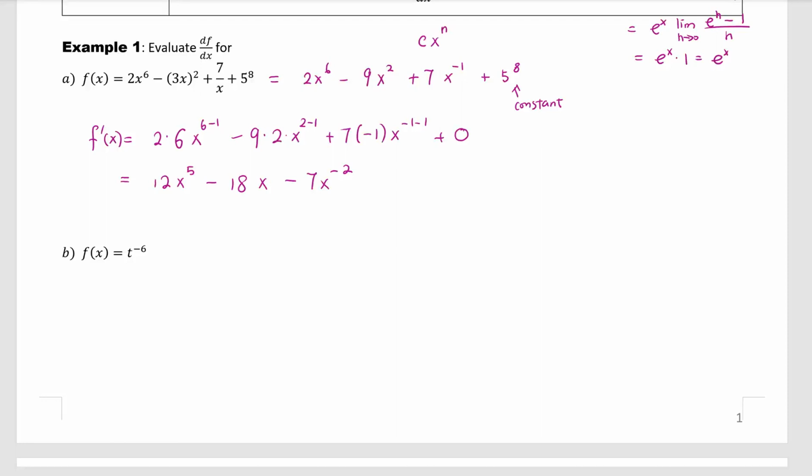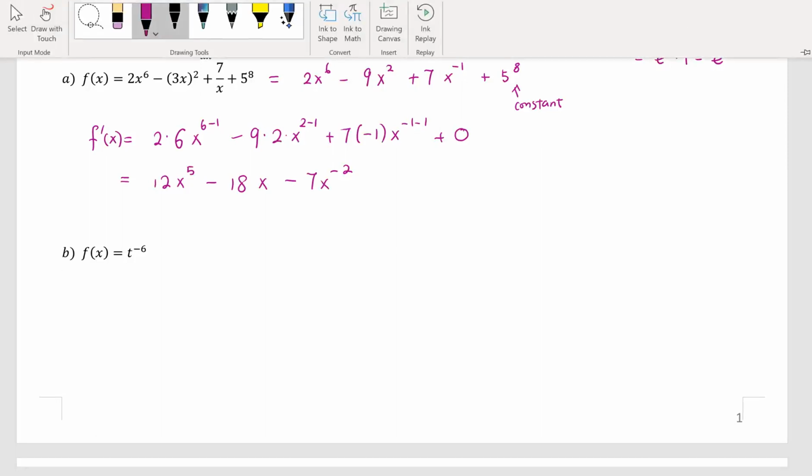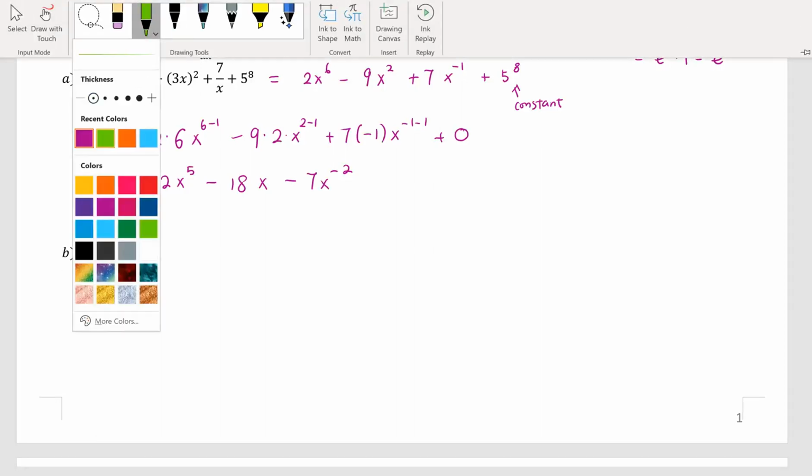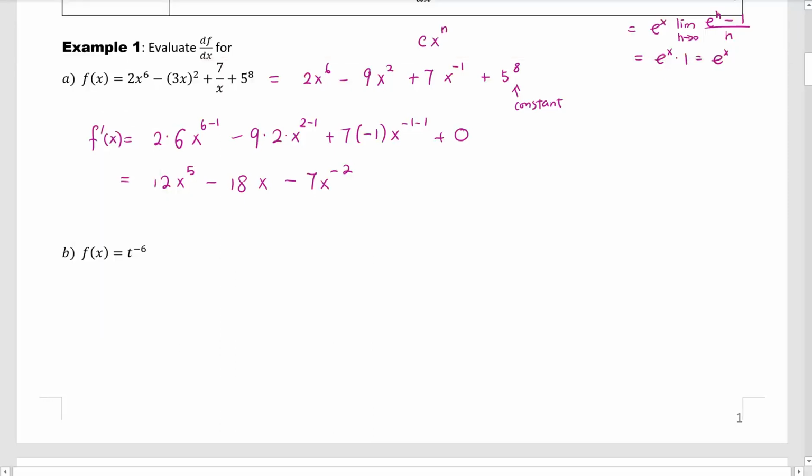So far, so good, everybody? Do you realize that if your x is in the numerator, the exponent is positive, when you take the derivative, what happened to the exponents? It actually decreased. See, it was 6, now it becomes 5. It was 2, now it becomes 1.